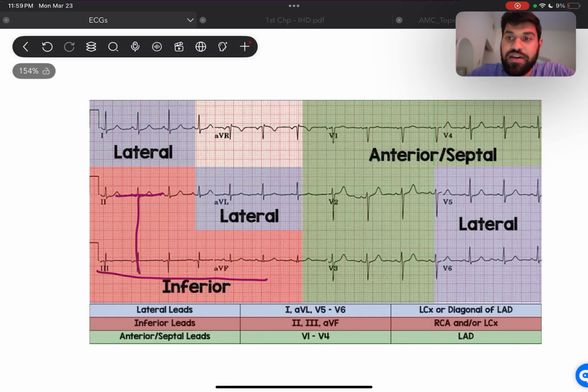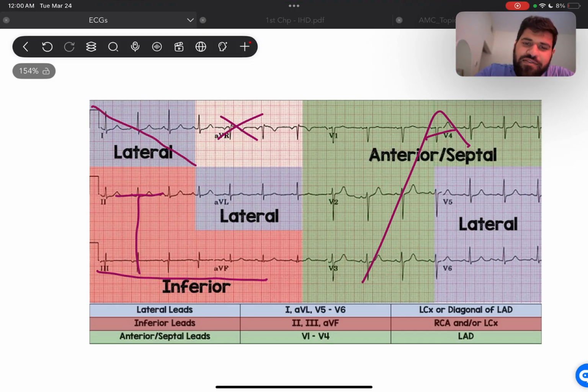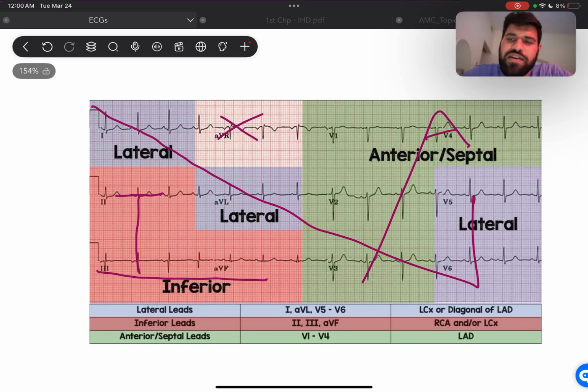That's an I, so inferior. For anterior, you draw an A starting from V3 and going onto V4. So that's our anterior leads. Whatever is left, we don't consider AVR for now, we draw an L like this. So now we have our lateral leads, our anterior leads, and our inferior leads. You see, none of the leads are going to overlap with each other.